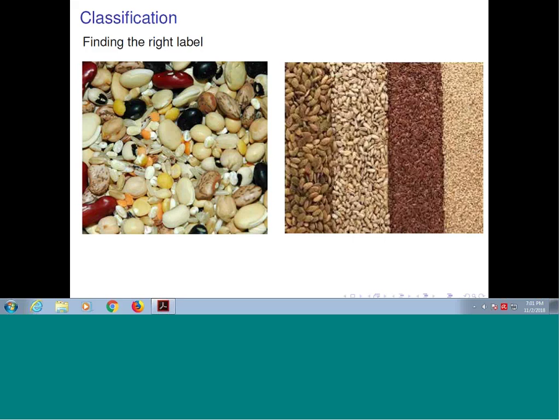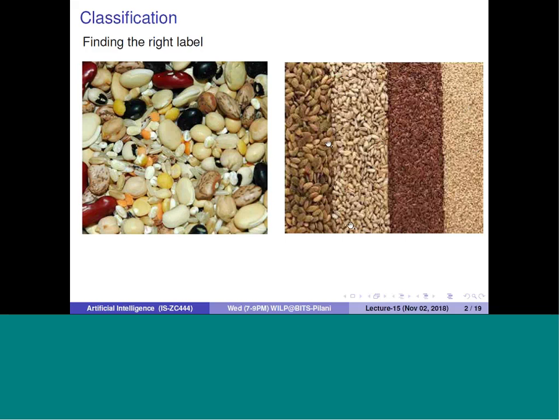If you devise a technique so that, given a grain, you can tell which kind of grain it is, then we say that these are the labels that we assign to every item. Given a grain, you assign a label: it is gram, it is pulse, it is wheat. The label comes from a predefined fixed set that you need to understand at this moment itself.